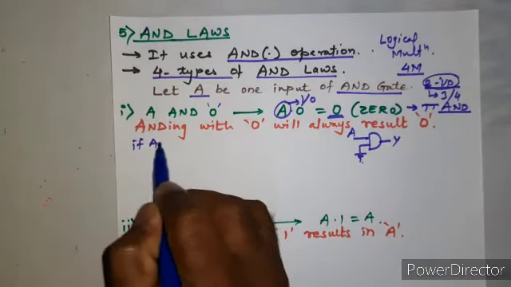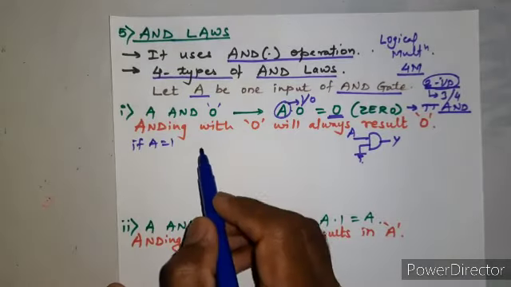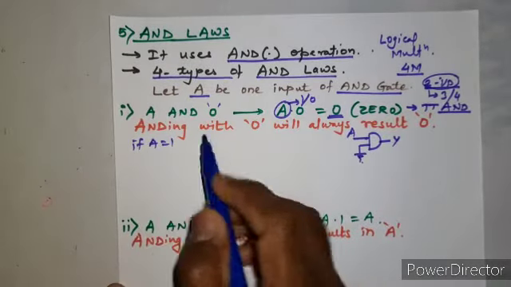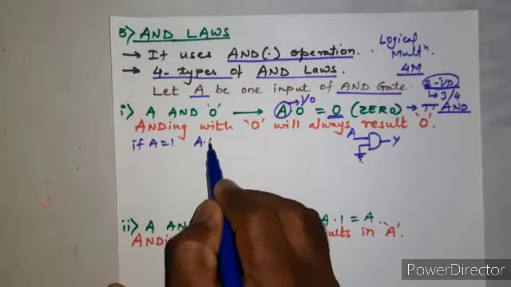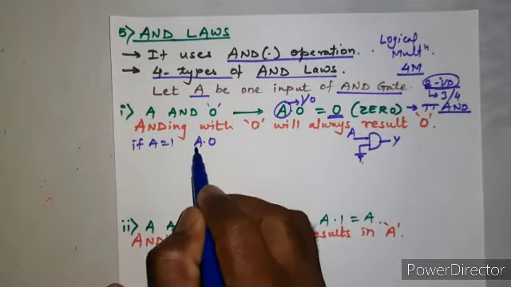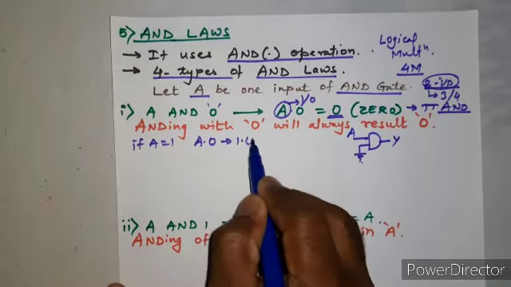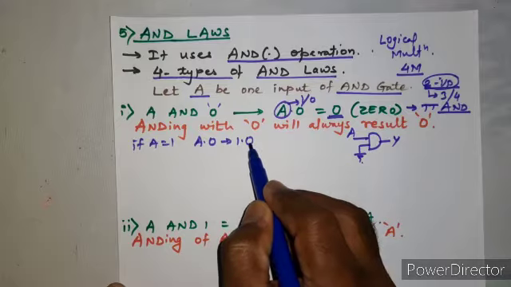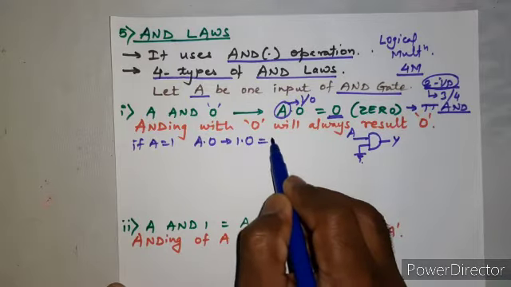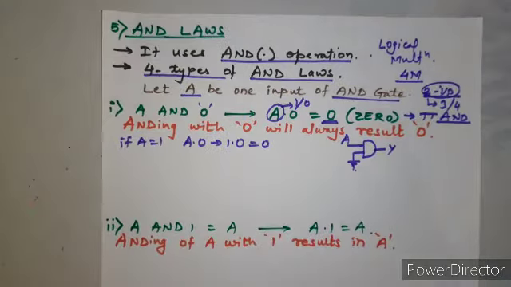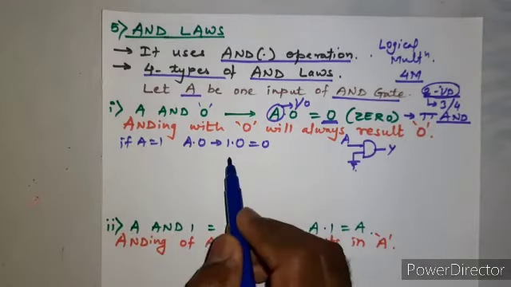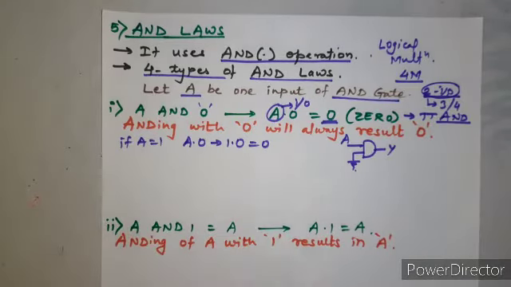So if A equals 1, what equation do we have? A dot 0. Now A we have taken as 1, so this becomes 1 dot 0. If any of the input is 0, the output is 0. So you can prove it in this way.